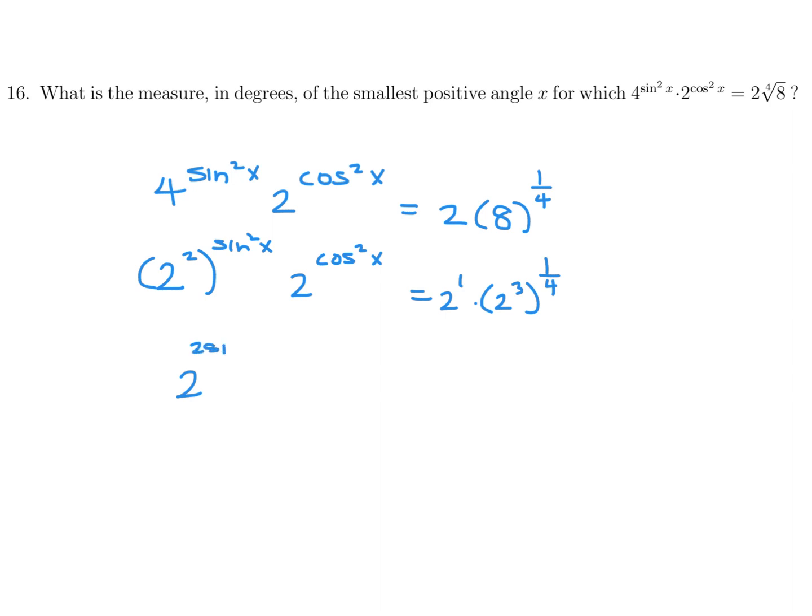This will be 2 to the power of 2 sine squared x plus cos squared x, right? And that would be 3 over 4 plus 1, so 7 over 4, I believe. Okay, bases are the same, so that means the exponents are the same. So that means that 2 sine squared x plus cos squared x is 7 over 4.